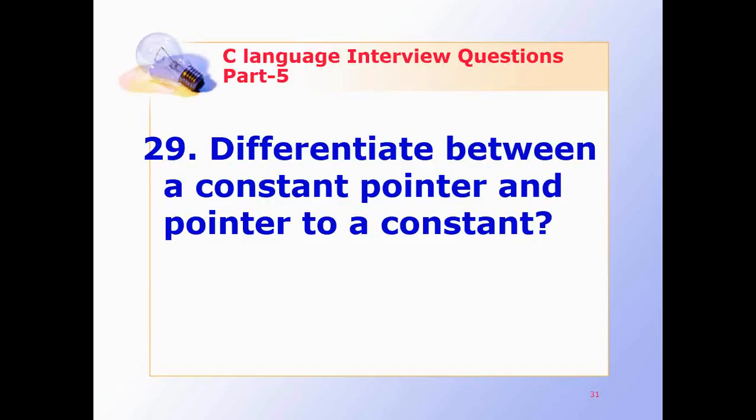Char asterisk const p: constant pointer to a character variable. Const char asterisk const p: constant pointer to a constant character.